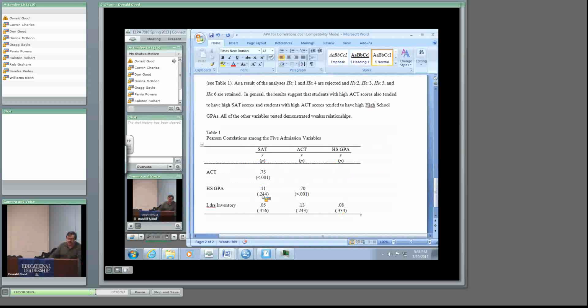Otherwise, you're going to put what the number is right here, like we've done on our high school GPA and SAT, where I'm scrolling in front of. So for SAT and high school GPA, my R value is 0.11, but the p-value is not less than 0.05, so that's not one of the significant pairs we found. That's not one of the nulls that we rejected. Now, I said we had 6 nulls. Look, I've got 1, 2, 3, 4, 5, 6 entries here.